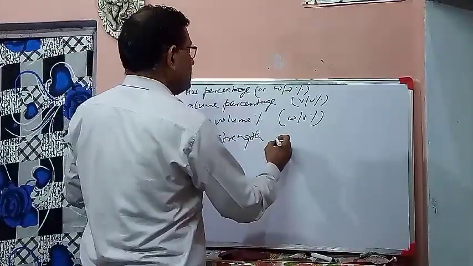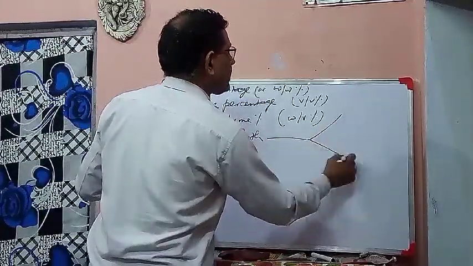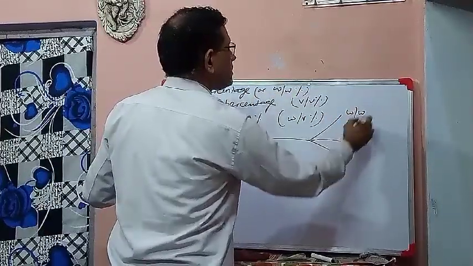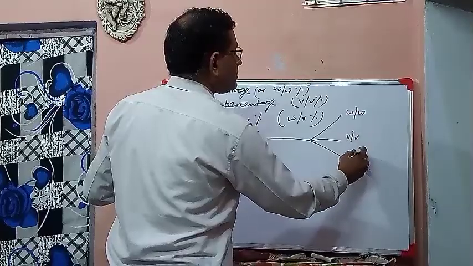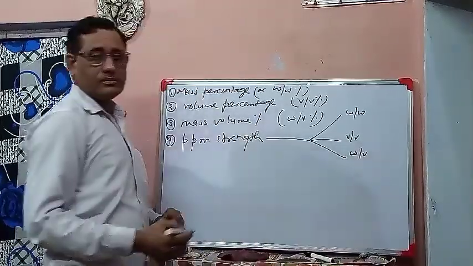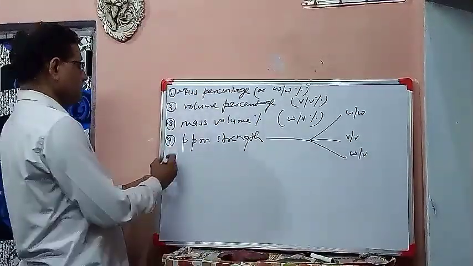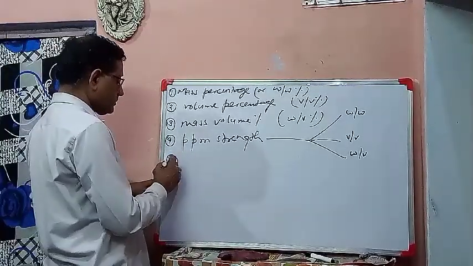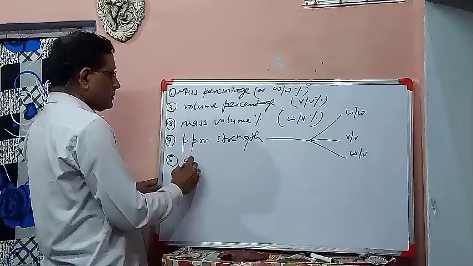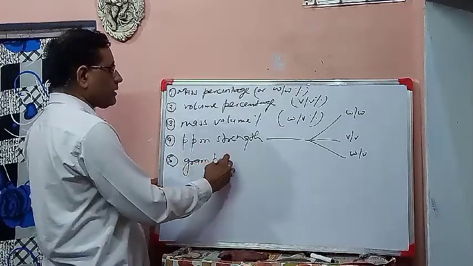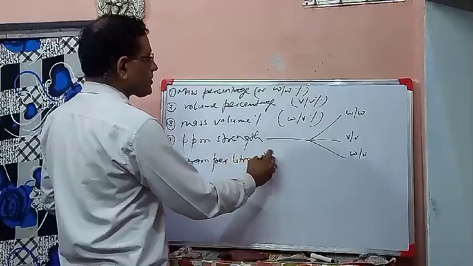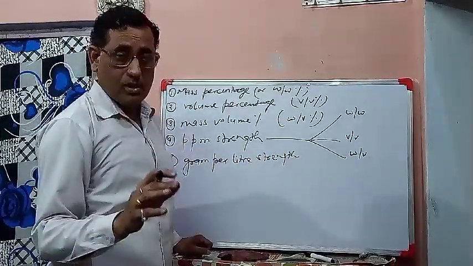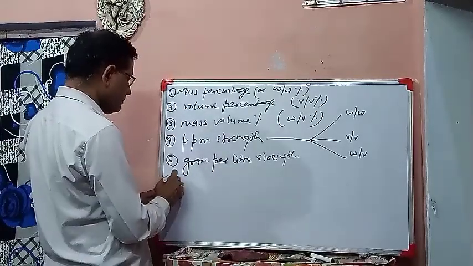Clear? It also may be of three types: one W by W, then V by V, and W by V. Next one, gram per liter strength. इसके फॉर्म में भी हम लोग कंसंट्रेशन शो कर सकते हैं.